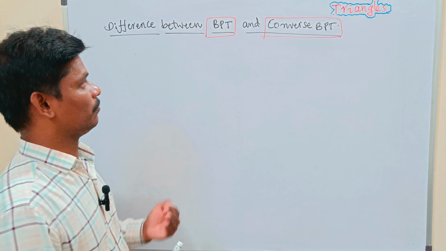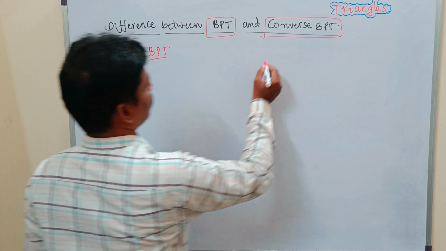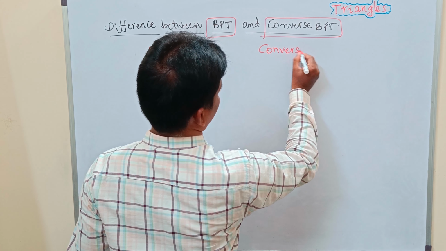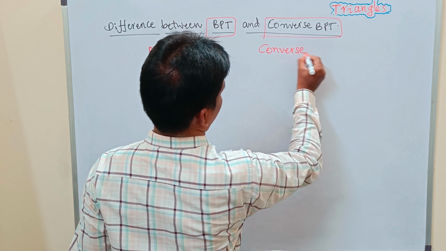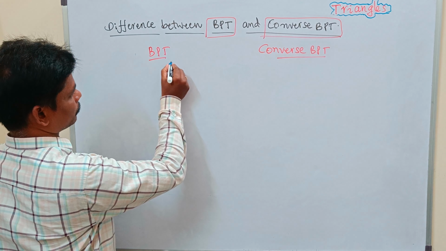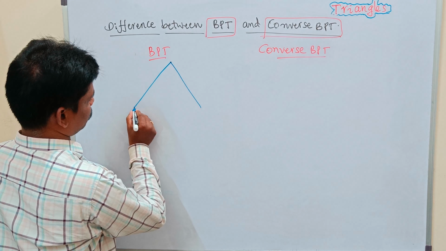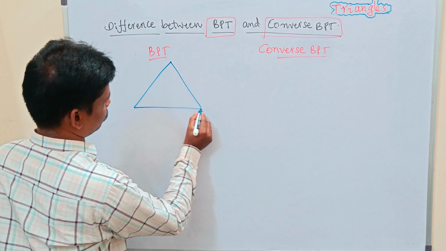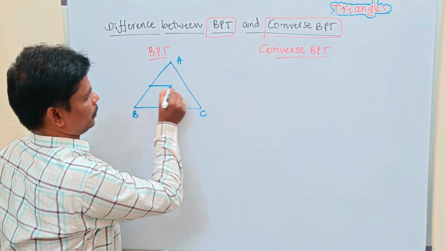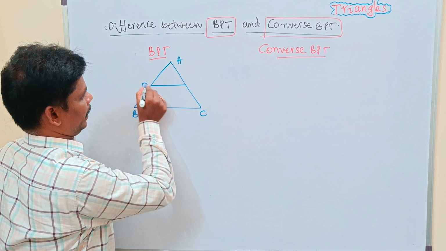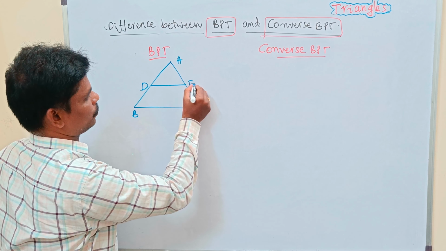So coming to the topic, what is the difference here? Here I take the basic proportionality theorem and the converse basic proportionality theorem. Okay. So what is the statement of the basic proportionality theorem? ABC is a triangle. If a line is drawn parallel to one side of a triangle, intersecting the other two sides at two distinct points, that is DE.